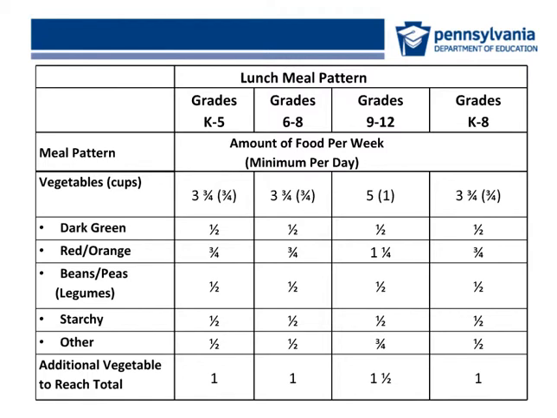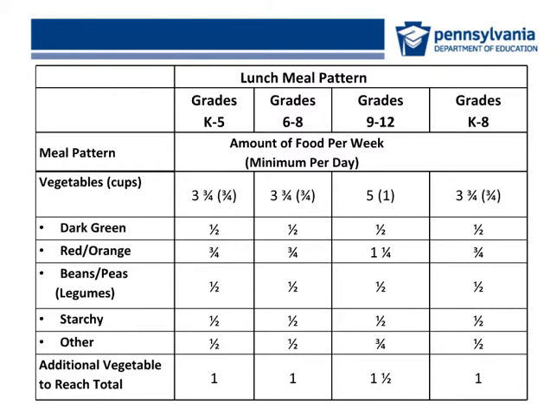Here you see a snapshot of the vegetable component on the meal pattern chart. The idea here is to give children access to a variety of vegetables over the course of the week, and in particular to ensure that the variety includes specific groups of vegetables that are encouraged in the Dietary Guidelines for Americans. Each vegetable subgroup is a distinct grouping of food items as classified by the 2010 Dietary Guidelines.